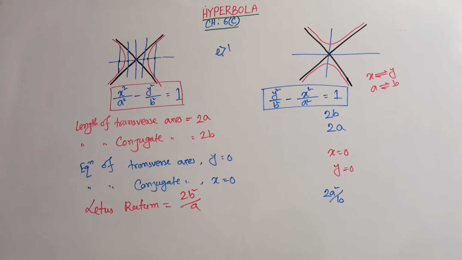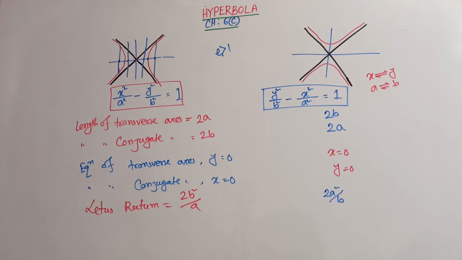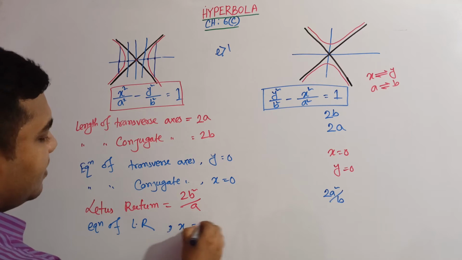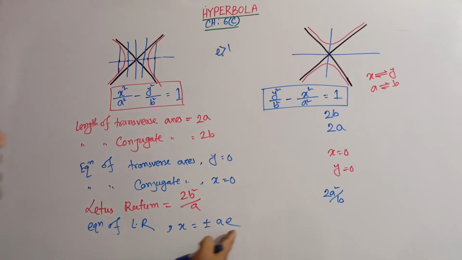So what's the equation of the latus rectum? There is also an equation for the latus rectum, that is plus minus ae. So the equation of the latus rectum should have been x equal plus minus ae. That is the equation of the latus rectum.